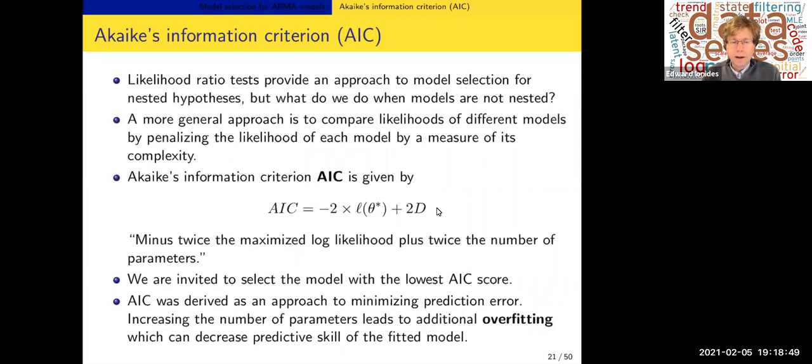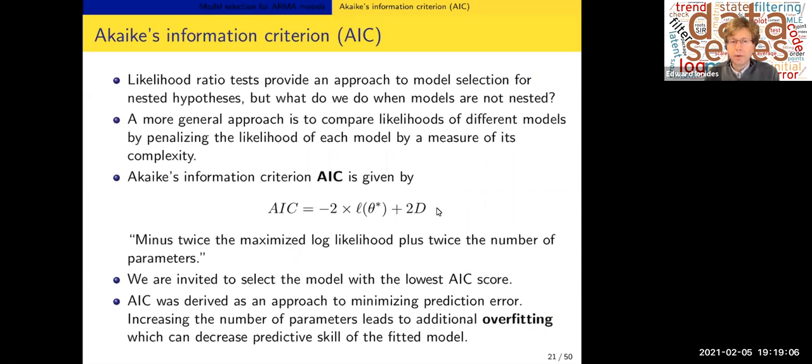Now, here's another method that we mentioned before, Akaike's information criterion. So likelihood ratio tests are useful for nested models, and they're useful when we want to test a formal hypothesis. What do you do when the models are not nested?